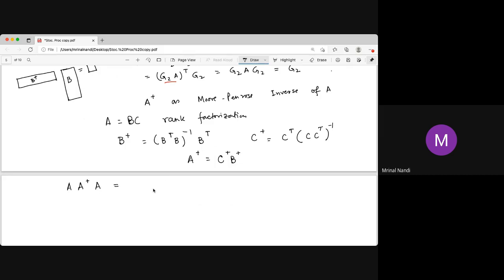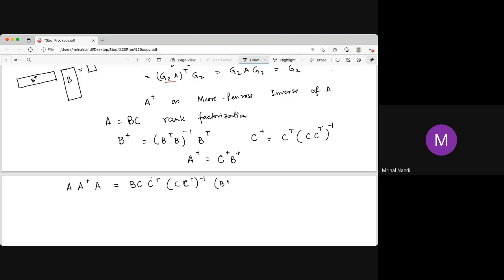Then how do you show this? So A is BC, then it is C plus, which means C transpose, C C transpose whole inverse, that is C plus, and then we take the B plus. What is B plus?